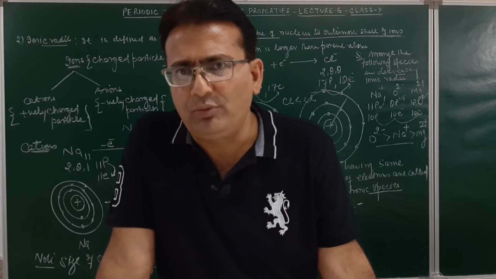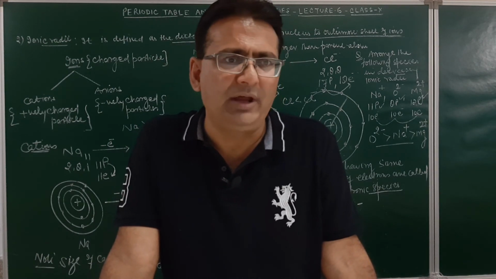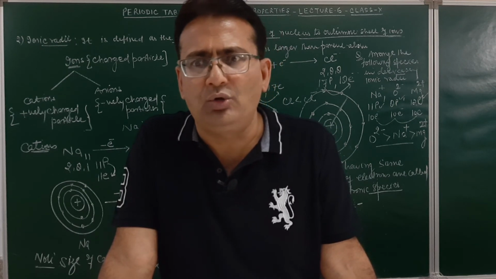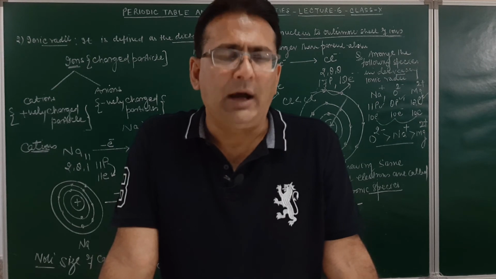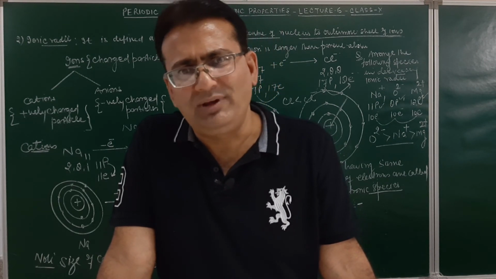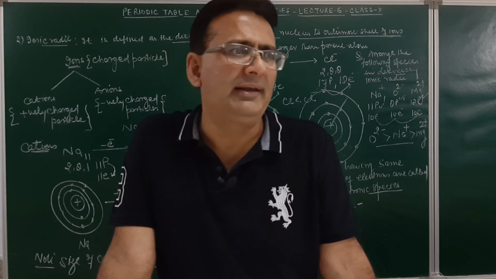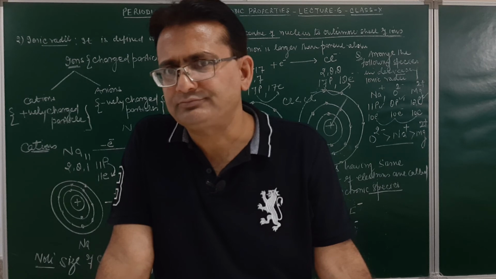Number 1 was atomic size. What is atomic size? The distance from the center of the nucleus to the outermost shell of the ion. Down the group, atomic size increases. Along the period, the atomic size goes on decreasing, but the size of noble gas was larger than those of the halogens.